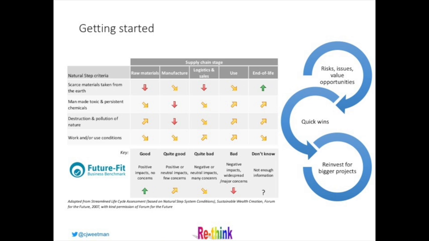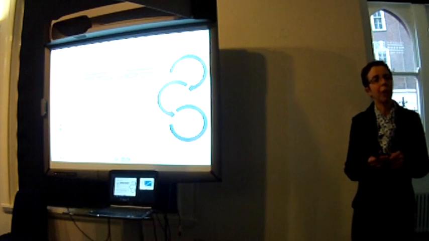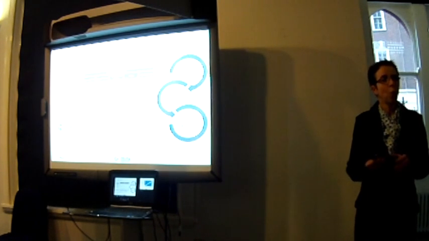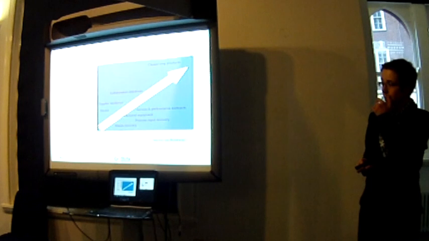And so how could you replace that? Are you buying something that's recyclable but it's not recycled? What could you do to change that? So it's about looking for risks and issues and opportunities and choosing some short-term projects that you can then reinvest the benefits for longer-term wins.